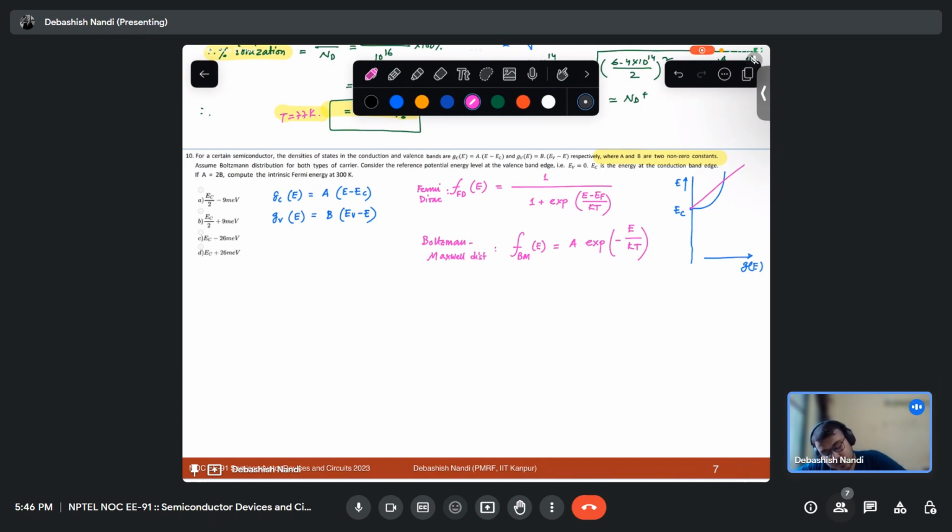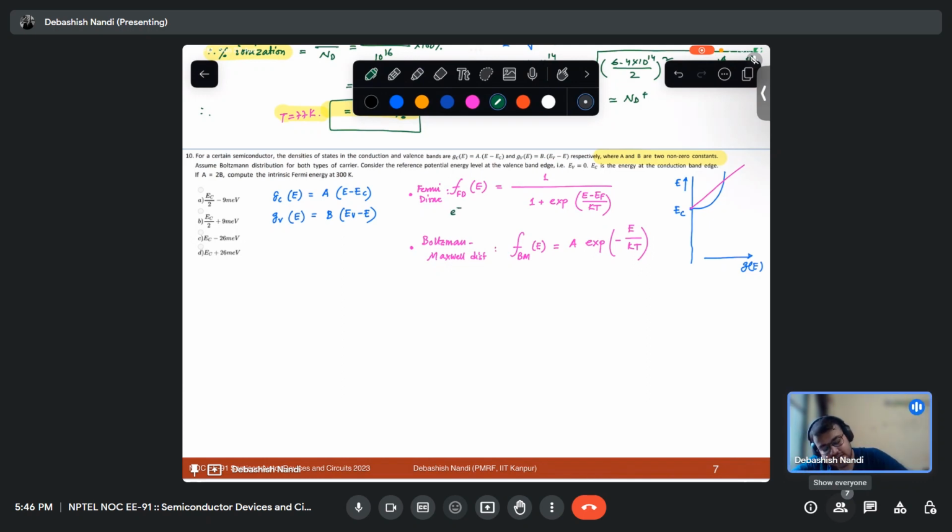Do you know any other kinds of distributions? Anyone? Give me an example of this Fermi-Dirac distribution. Give me the name of a particle which follows this distribution. Electron.